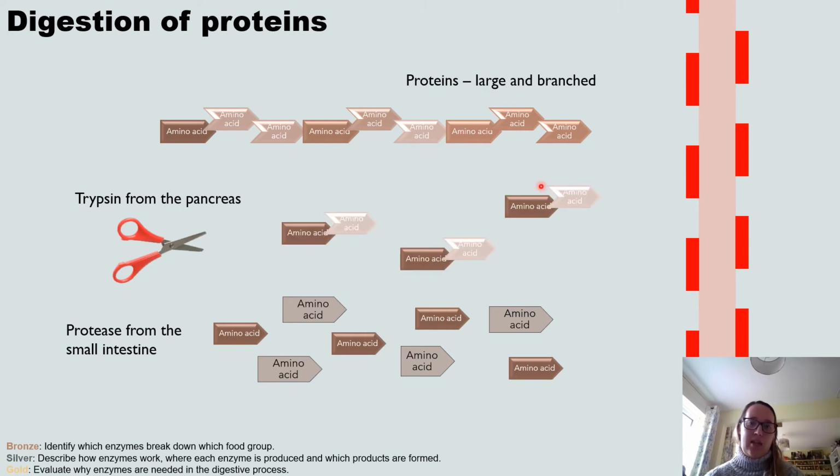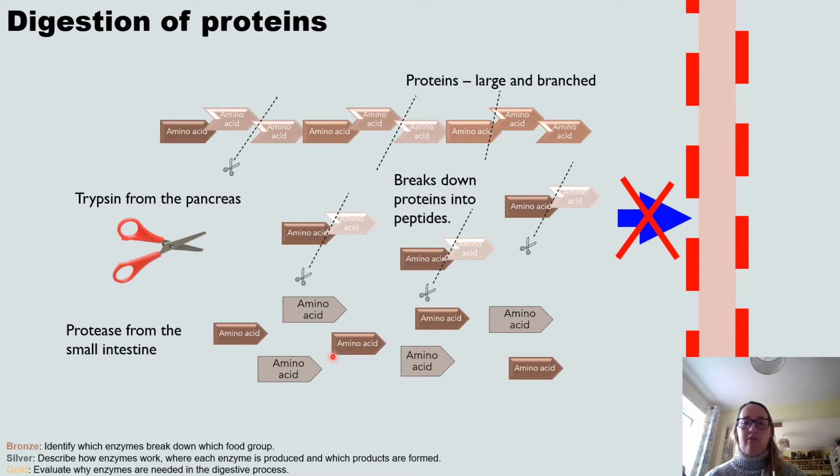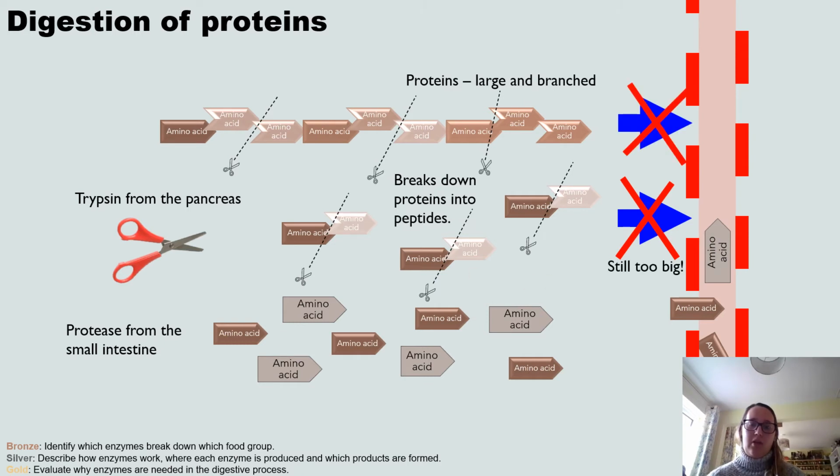So that's here. So you've got the peptides, and then the protease, sorry, from the small intestine breaks the bonds further, so you get the individual amino acids, and then they can now fit into the bloodstream. So that shows here that these are too big to fit into the bloodstream, so they need to be broken down further.